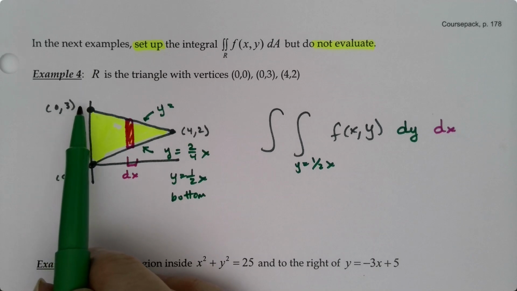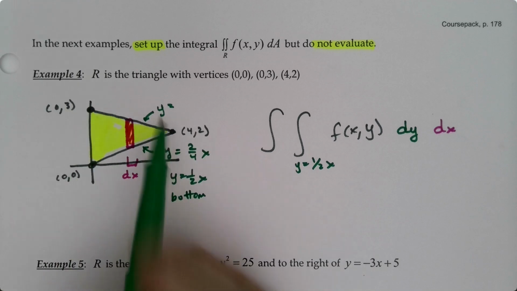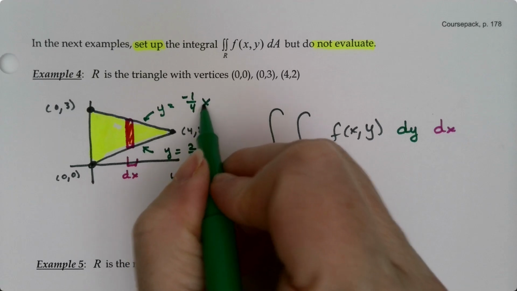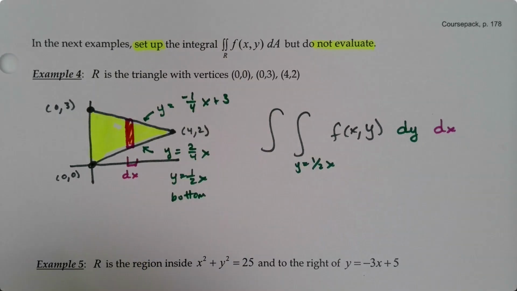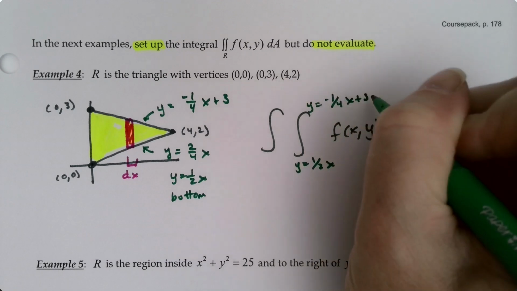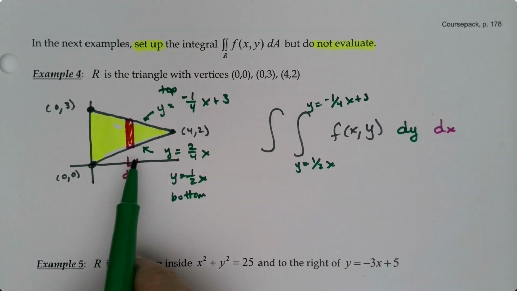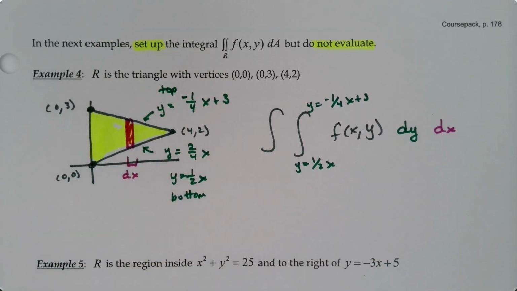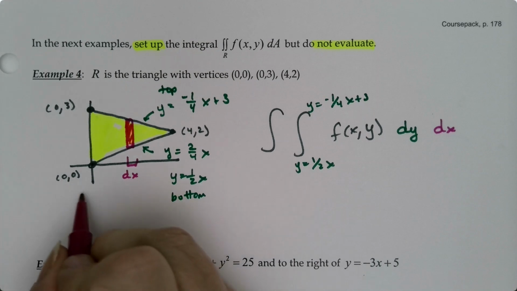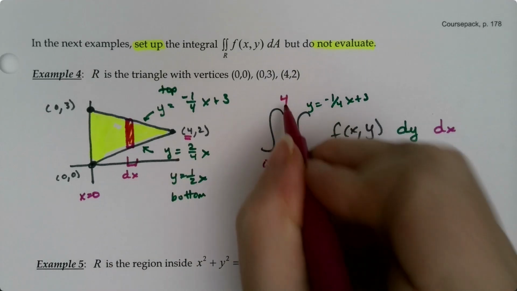And then we're going down 1, because 3 to 2 is 1, over 4. So it's negative 1/4 x plus 3. So this is y equals negative 1/4 x plus 3. That's the top of that rectangle. And then the rectangle ranges from x equals 0 over here all the way to x equals 4 over here.